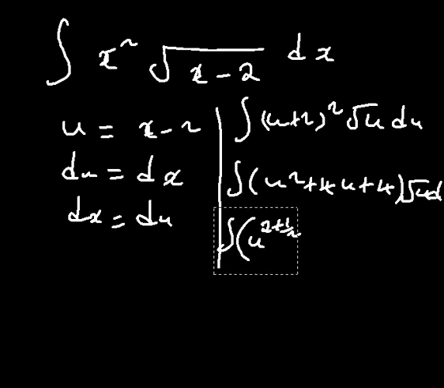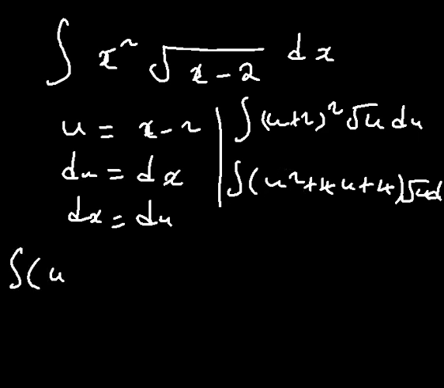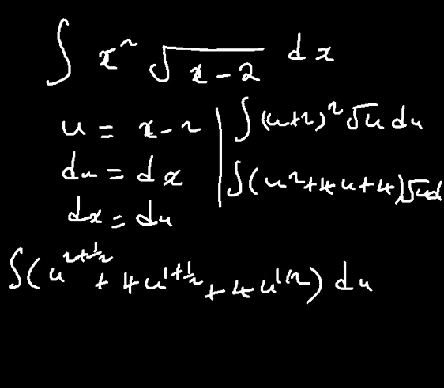Now the point of interest is that we have to distribute the square root of u. The square root of u corresponds to u to the power half. Now u to the power half times u to the power 2, according to the laws of indices, gives the integral of u to the power 2 plus half, plus 4 times u to the power 1 plus half, plus 4 times u to the power half, and we have du here.